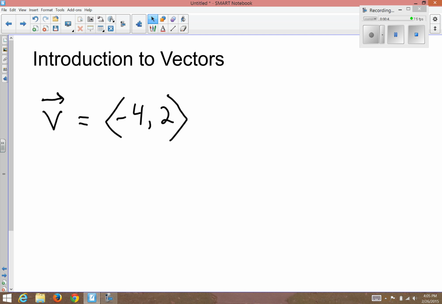I call these chevrons. When we say the vector -4, 2, we mean if you have a coordinate system, plot the point whose coordinates are -4 and +2.